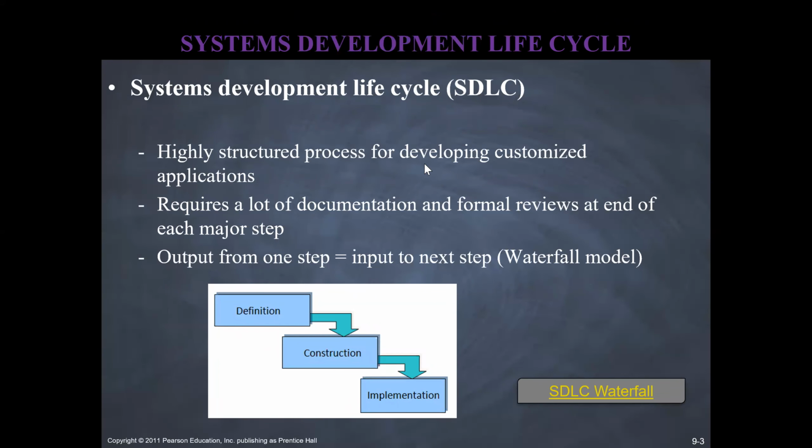So first and foremost, systems development lifecycle. This is the traditional, highly structured process of developing software. This requires specificity, documentation, formalized reviews. This is basically how we used to do things in the mainframe days, in the early client-server days.